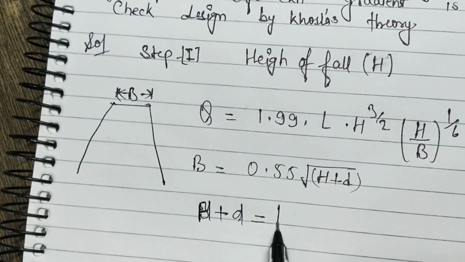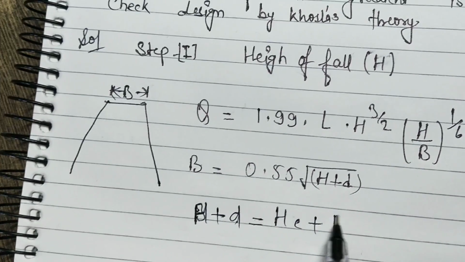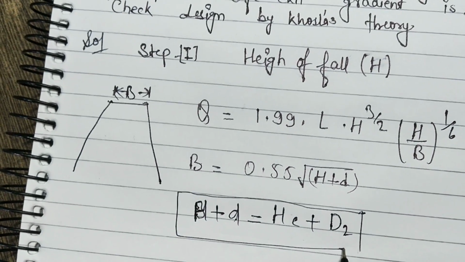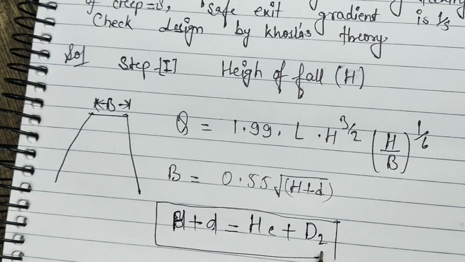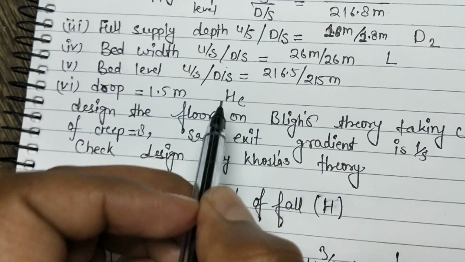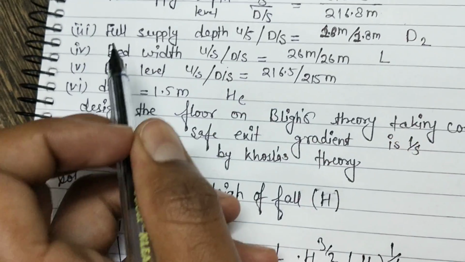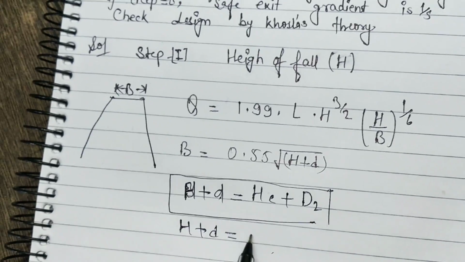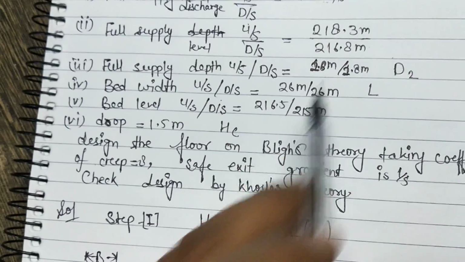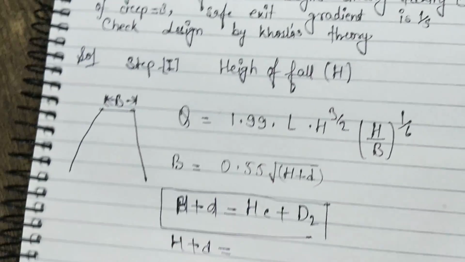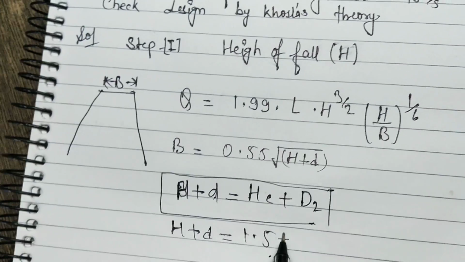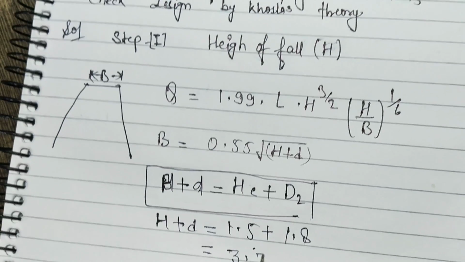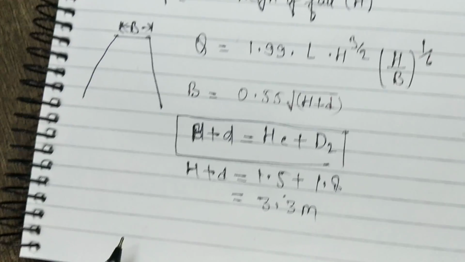H plus D equals HC plus D2. This is the formula, where HC is drop and D2 is full supply depth. So H plus D equals 1.5 plus 1.8, it will be 3.3 meter.